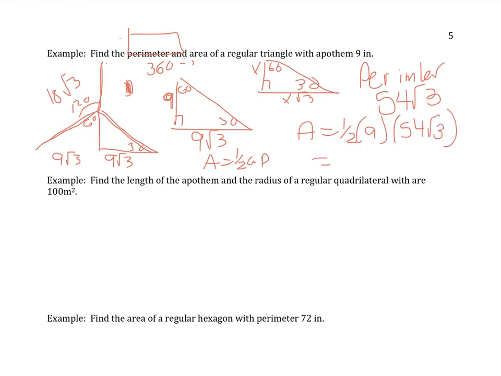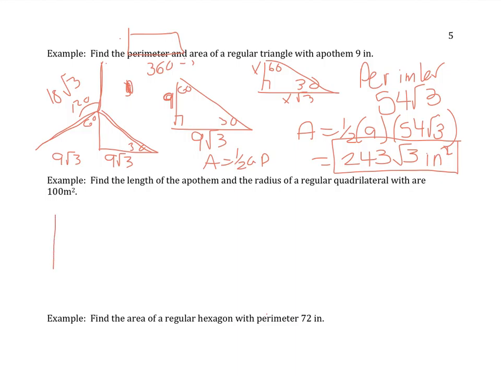So it's going to be 9 times 54 and then divide by 2. I'm just going to check mine. 54 divided by 2. So I get 243 radical 3. I'm going to leave my answer with a radical in it, inches squared. And that would be the area of that regular triangle.